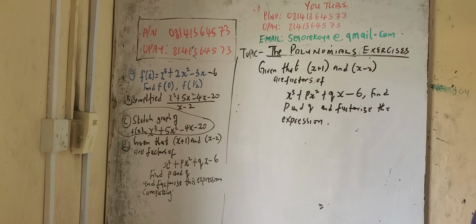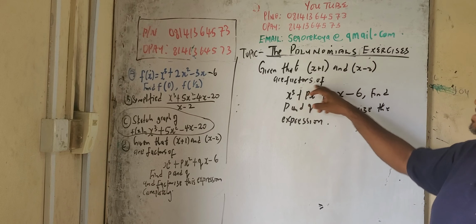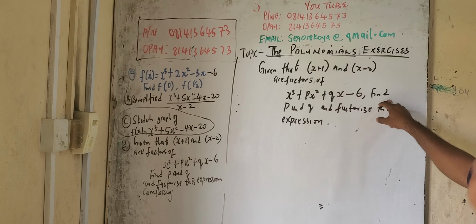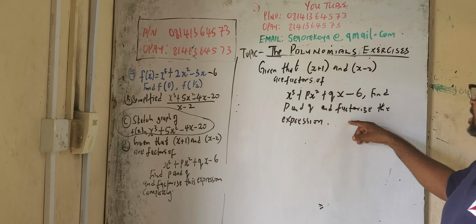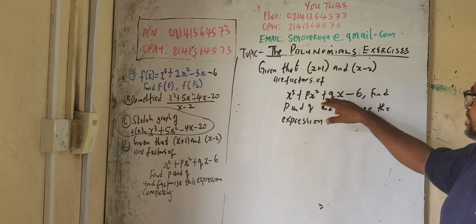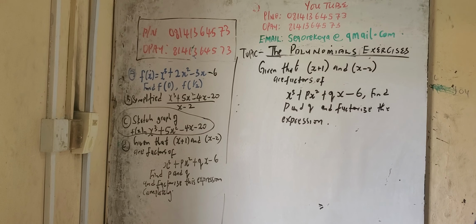Look at the equation very well. Given that x plus 1 and x minus 2 are factors of this polynomial function, we have to find the value of the unknowns p and q, and also factorize this polynomial function after we have gotten the values for p and q.